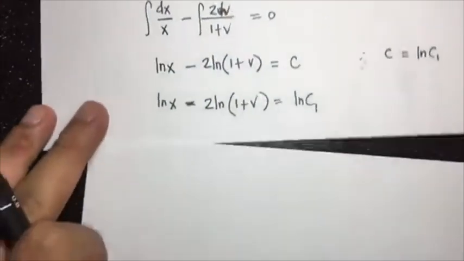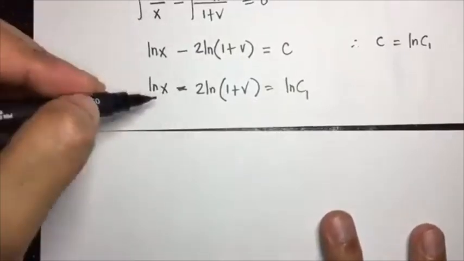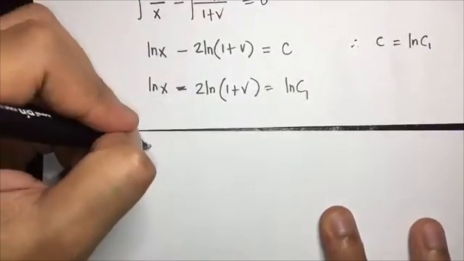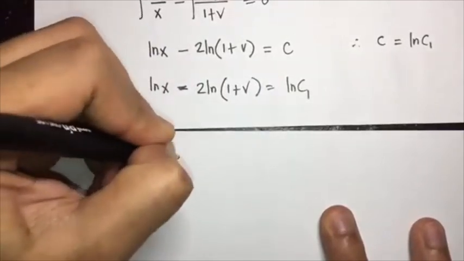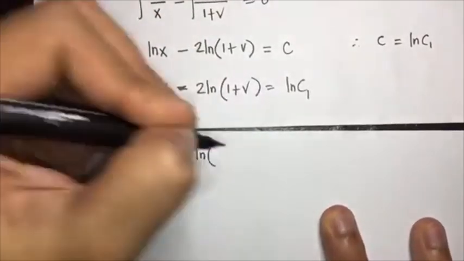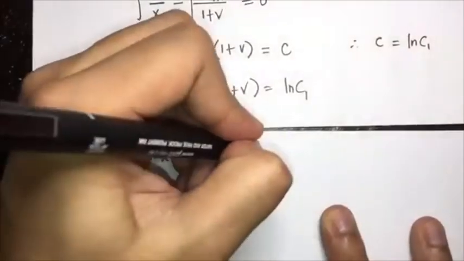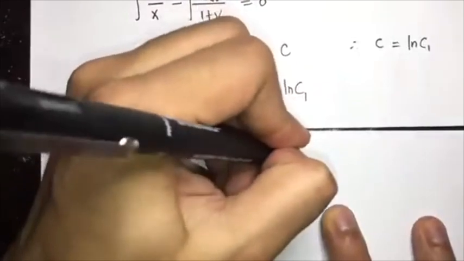we can simplify it using the rules of logarithm. So this will become ln of x minus ln of (1 plus v) squared is equal to ln of c1.